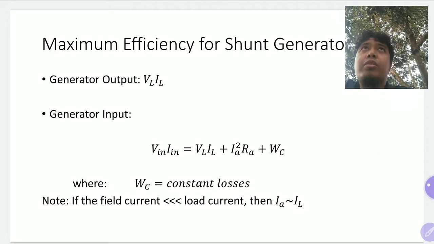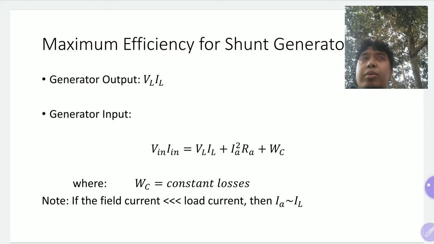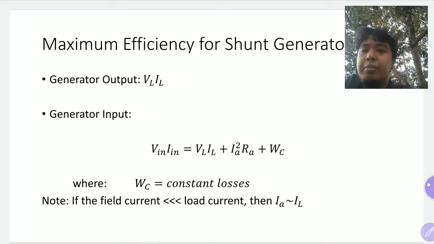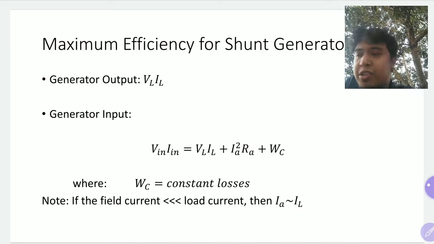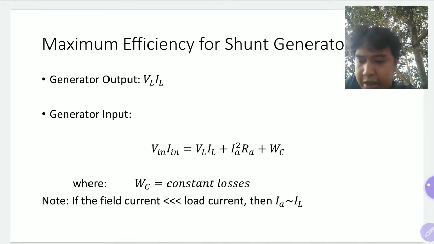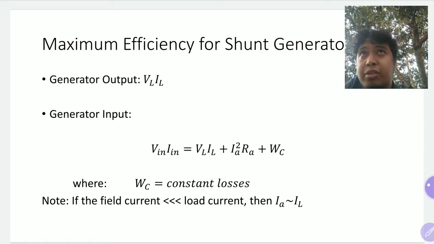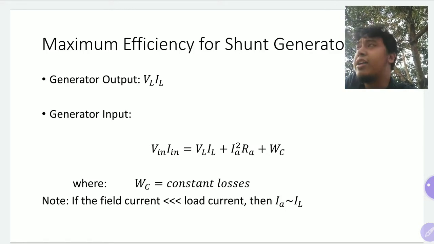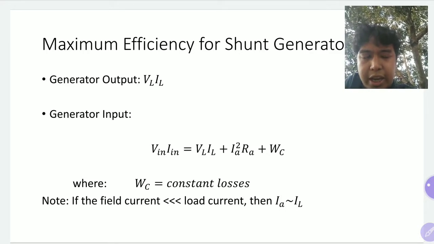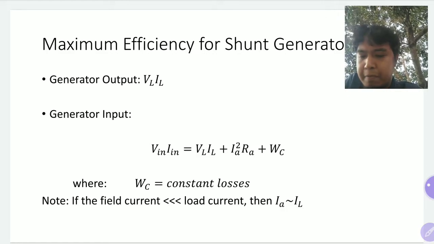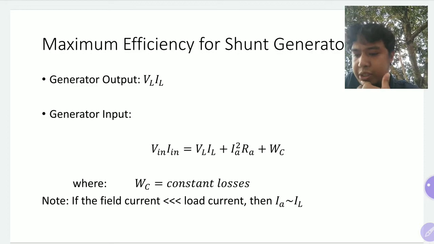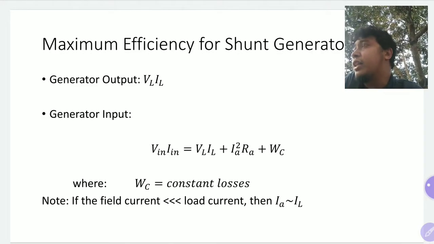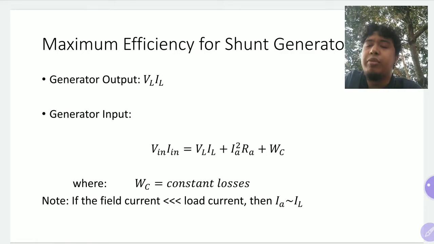So for maximum efficiency, your first instinct would be to want it to be 100% loaded, because that's the highest output. You want to have a high output to get a good efficiency. So your first instinct for maximum efficiency of shunt generators is to get the maximum output that you can, which is your full load.